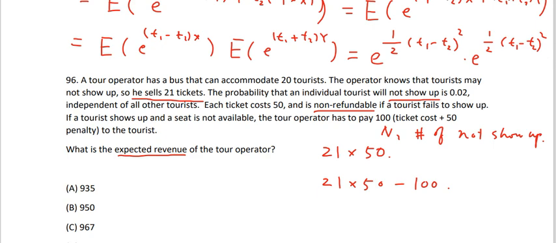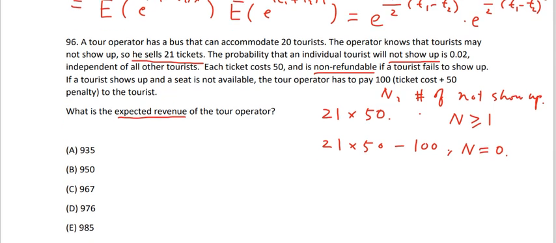So if n, the number of no-shows, is at least 1, then the revenue is 21 multiplied by 50. If n equals 0, everyone shows up, then the revenue is this other value.